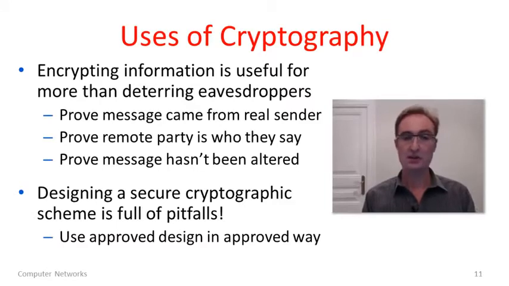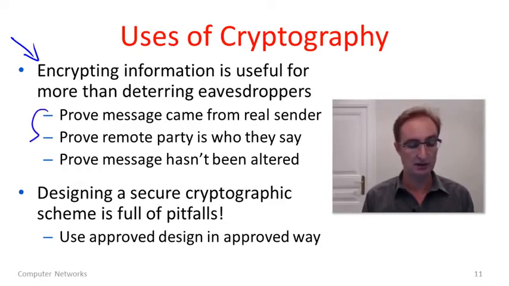So we'll see some of the designs in the following videos, and another point I would like you to take away is that while we're going to use encryption for concealing information from eavesdroppers, encryption is actually much more useful, and in most of the protocols we look at, we'll be doing more than concealing information from eavesdroppers.